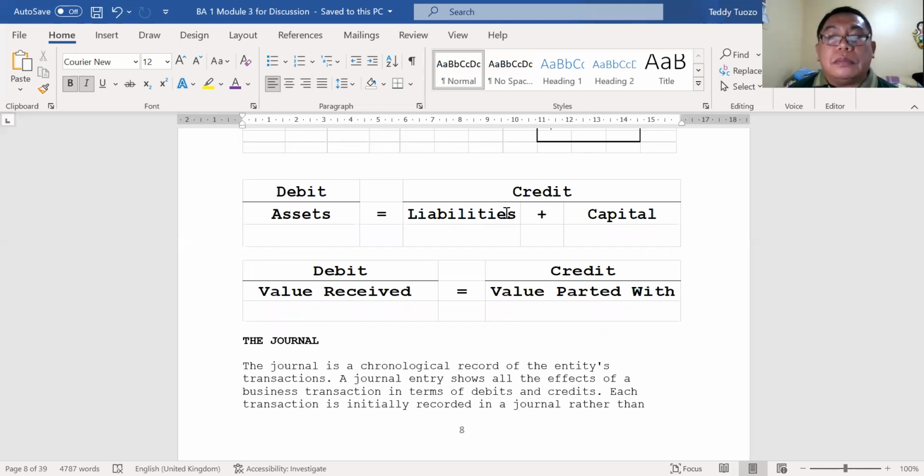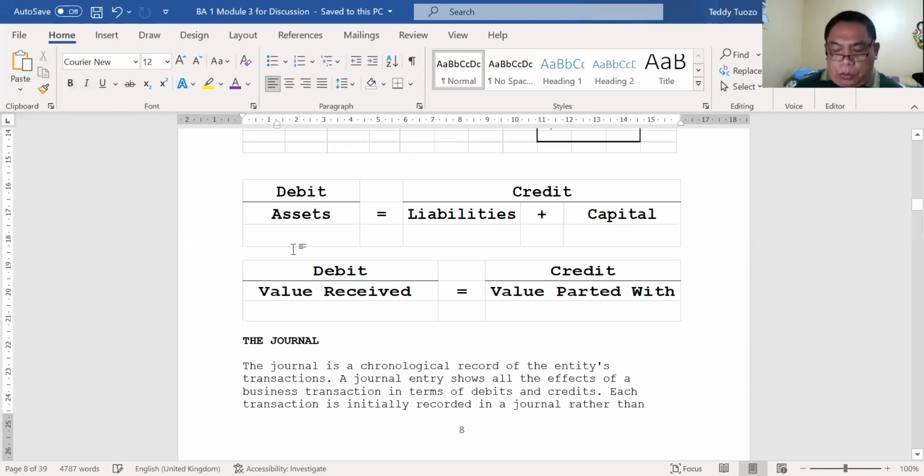But take note that the capital account is affected by other accounts like the capital account itself, the income or sales account, the expense account, and the withdrawal account.